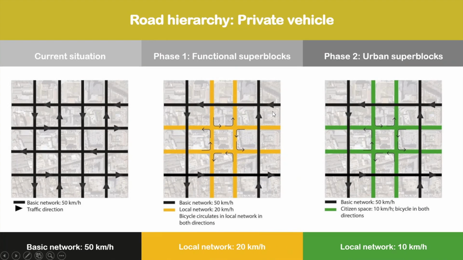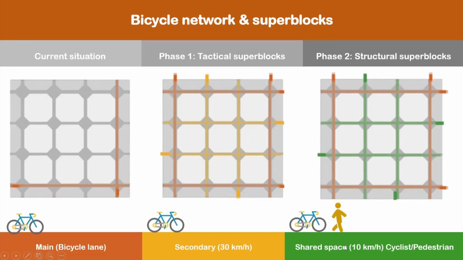And this is the road hierarchy. According to the original plan, this is the road situation here. After using these functional Superblocks, and introducing the user-friendly Superblock and bicycle path, you can see how the local network was reduced.